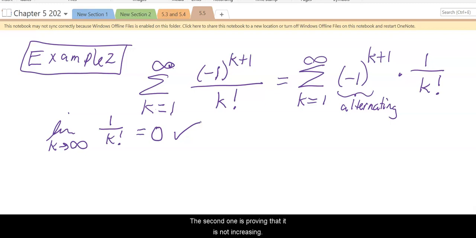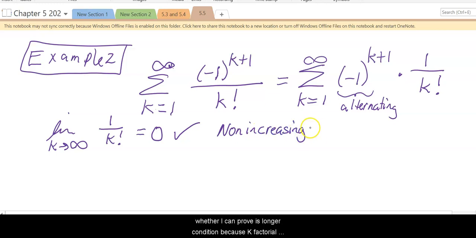The second one is more difficult. The second one is proving that it is not increasing. In this case, I cannot take the derivative, because k factorial is not continuous, and I cannot take the derivative of a non-continuous function. To show non-increasing, I have two choices.